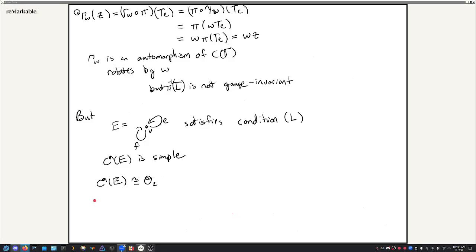This is the C-star algebra which is universal for two isometries which sum to the identity, or I guess whose ranges sum to the identity.